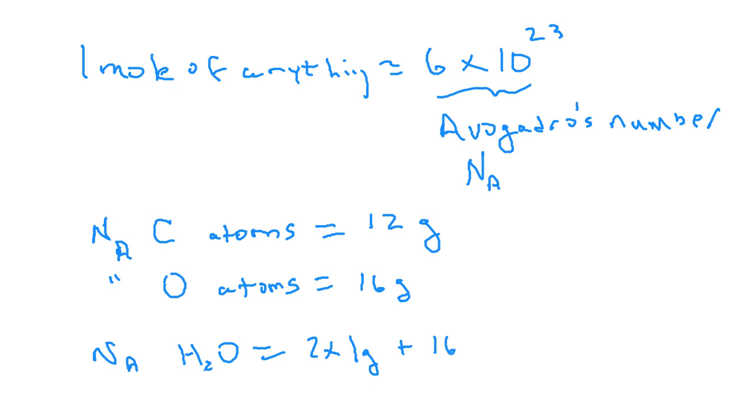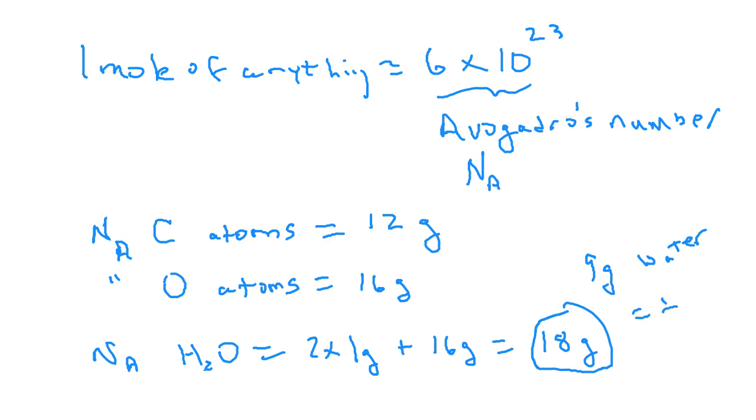And so that's equal to 18 grams. 1 mole of water would have this mass. 9 grams of water is a half a mole, 0.5 of a mole, or 0.5 N A water molecules.